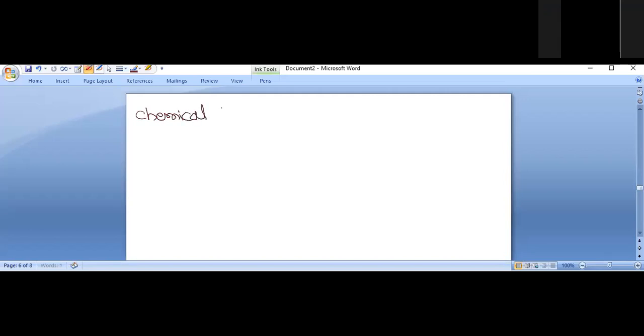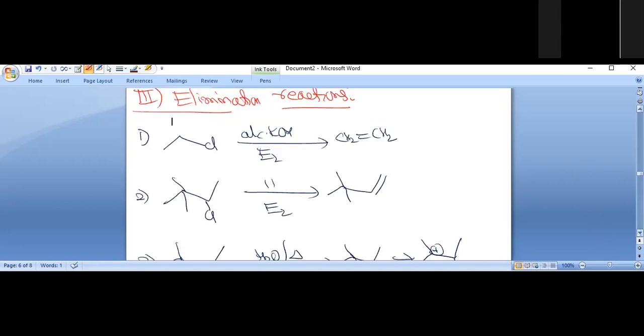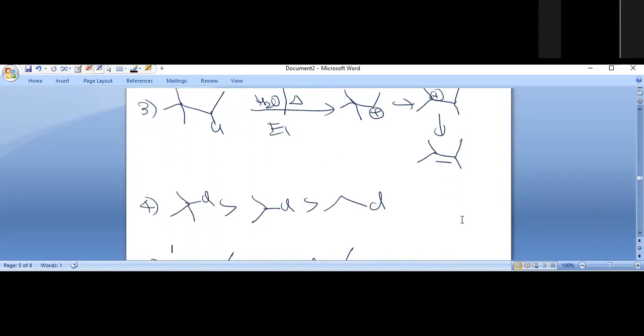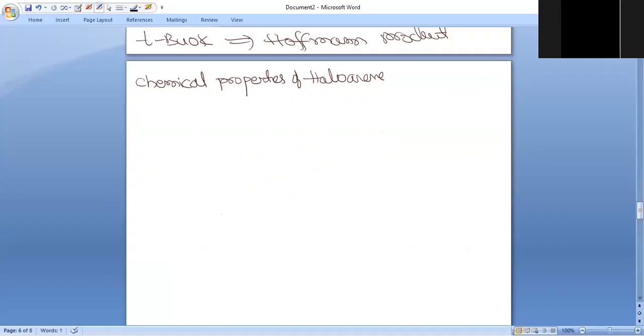Chemical properties of haloarenes we are checking.